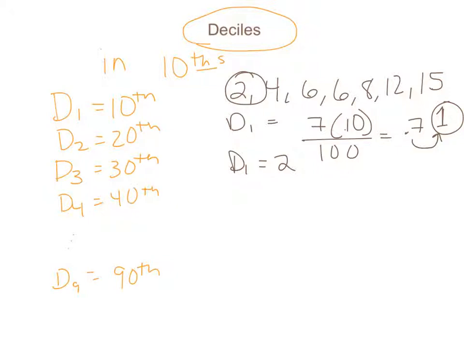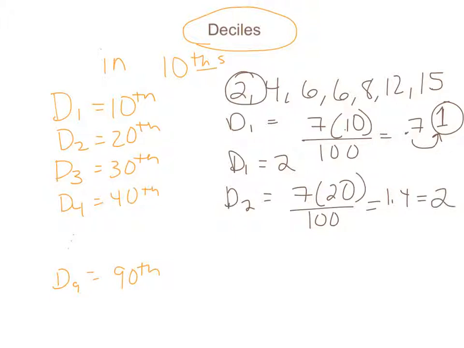It's interesting when your set is small like this. Let's take a look at D2. All right, so we have 7 numbers, looking for the 20th percentile, 7 times 20 over 100 would be 1.4, round up to 2. So our 2 would be there. You're going to get to a point where you end up with the same number.